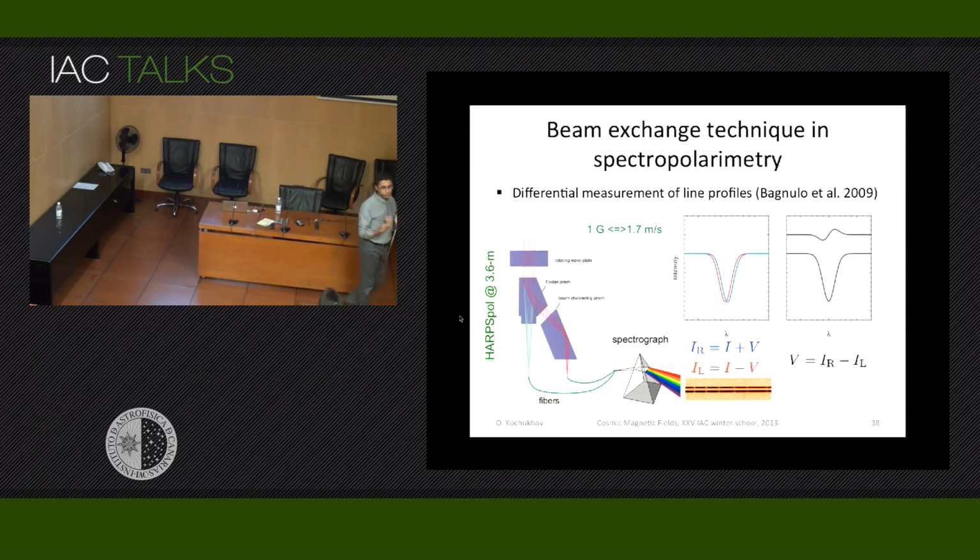So we are in the regime of finding low mass planets. We have these two spectra, and in the ideal world, the difference gives us Stokes V. But in reality, things are much more complicated. We are projecting these spectra onto different parts of the detector, so they are affected by all kinds of instrumental effects.